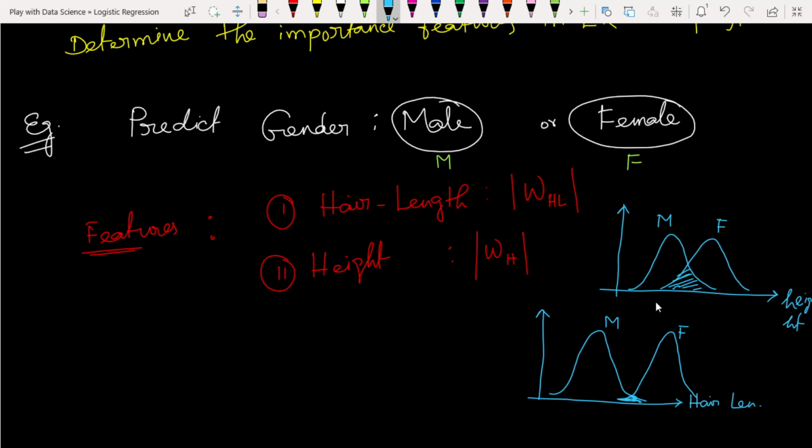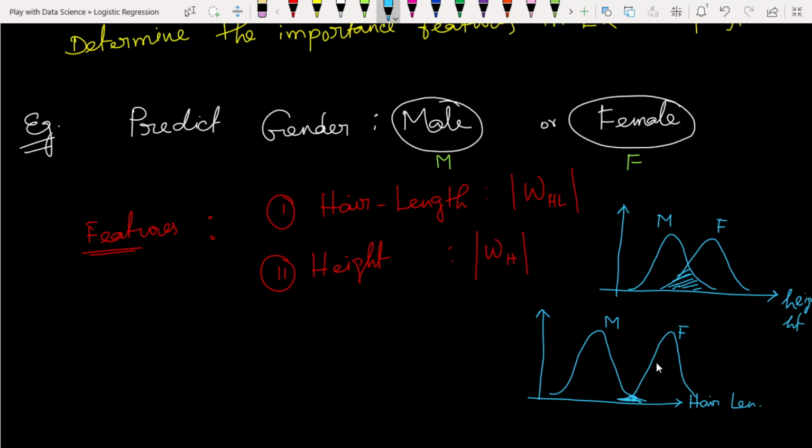So here we can conclude that, as a general concept, in a male the hair length is short, and for a female the hair length is large. But we cannot properly predict from the height. From height it is not properly clear, but from hair length it is clear. So in this sense the hair length is more important.